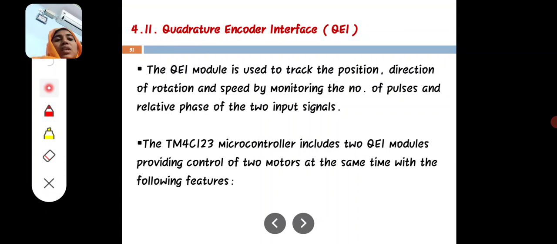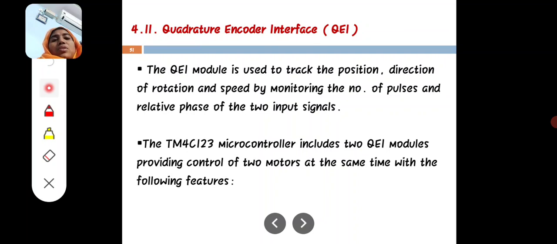Whenever two signals come in, it monitors which direction they are coming from, the speed, and the direction of rotation, and all these factors are considered by the QEI module.